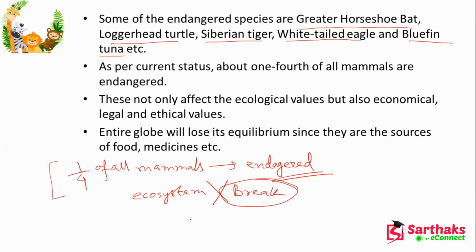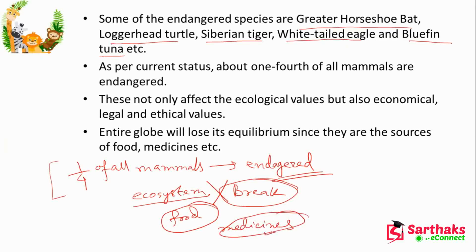We lose its equilibrium since they are the sources of food and medicines. If this ecosystem breaks, we will also feel the scarcity of food. We will also feel that there are no medicines, because we make these medicines with the help of them.